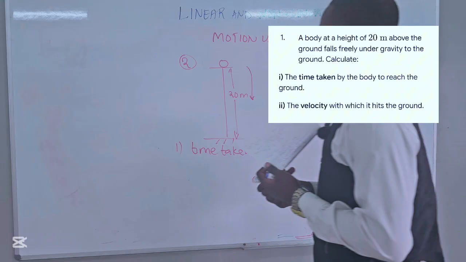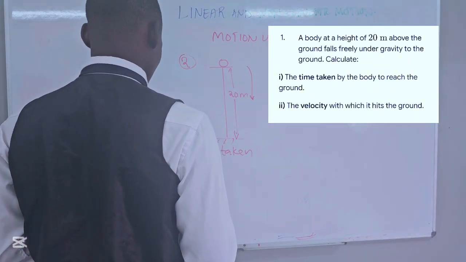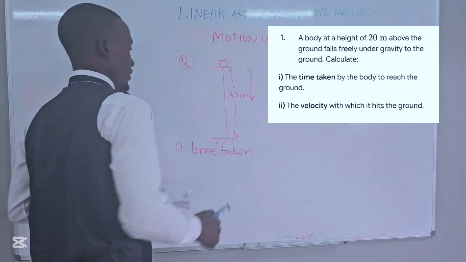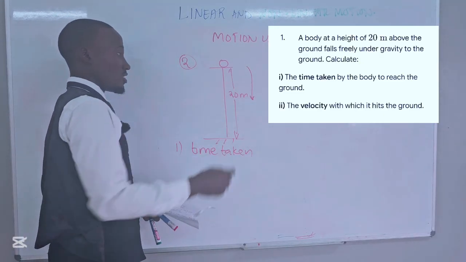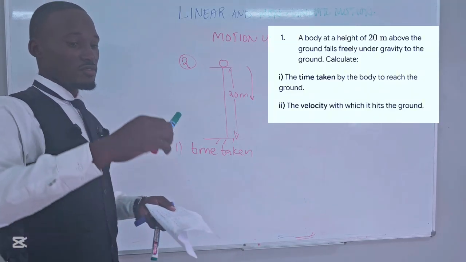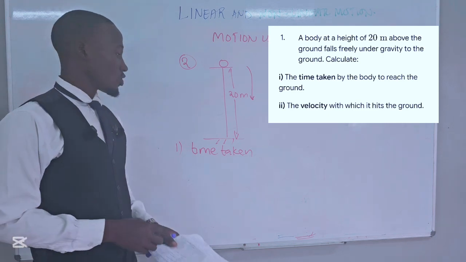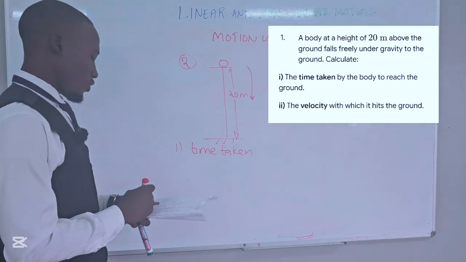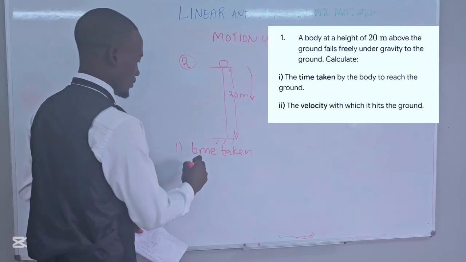So if this body is just at this point, when it is just falling, initially it was at rest. Initially it was not moving. So imagine having something here and then it just falls. So its initial velocity, because initially it was not moving, is 0.